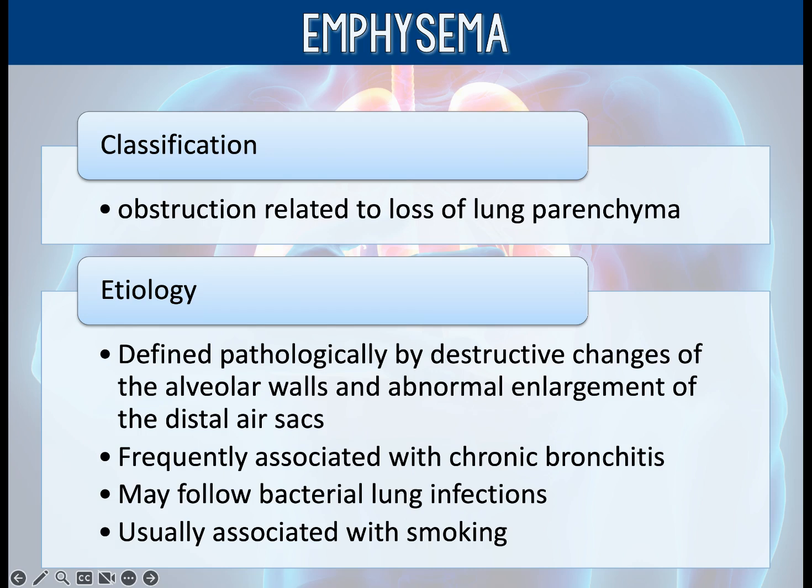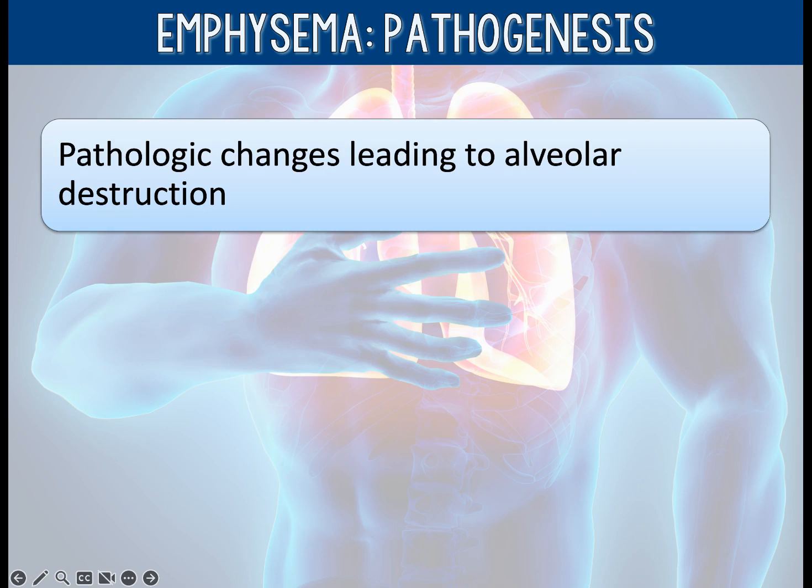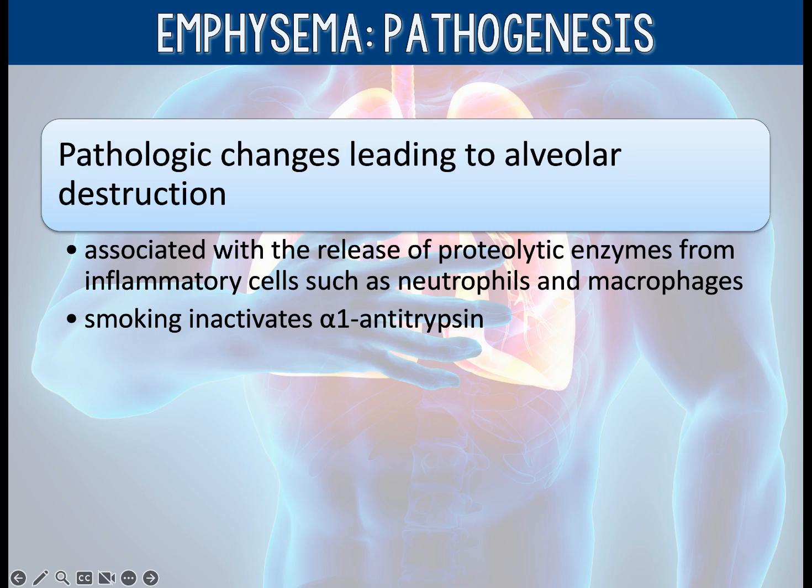It's usually because the patient has had chronic bronchitis for a while. It could be that it follows bacterial lung infections, but it's usually associated with smoking. Pathologic changes that lead to alveolar destruction are usually associated with these enzymes, such as neutrophils and macrophages.